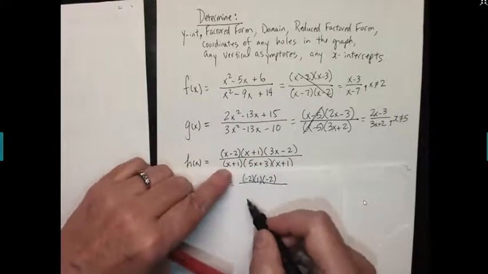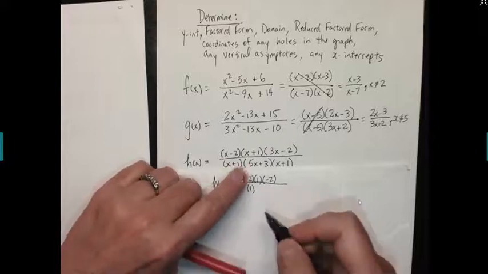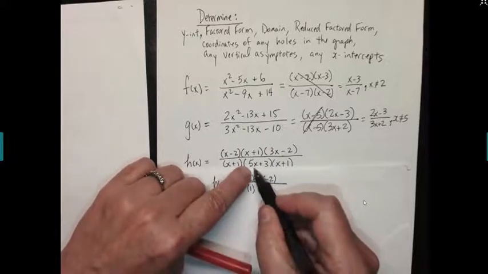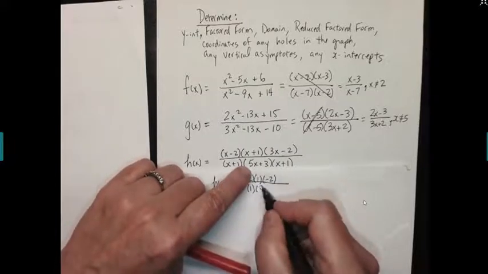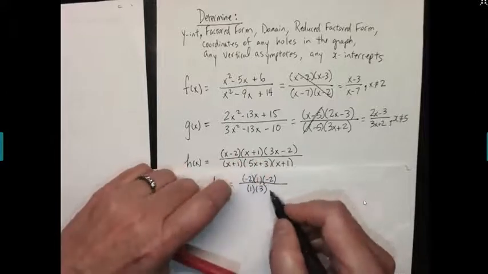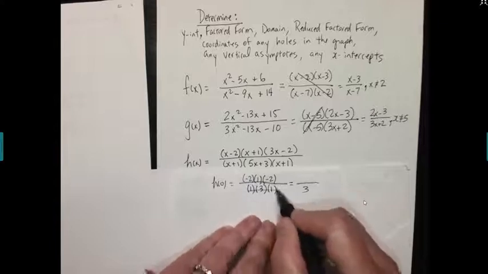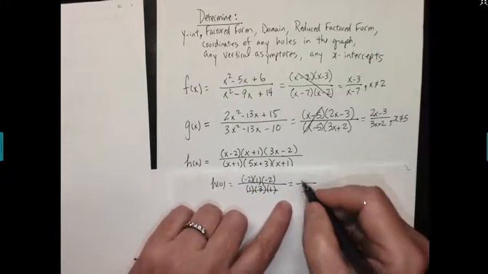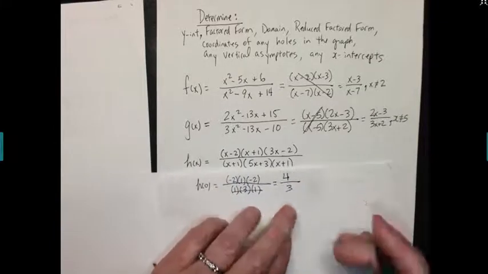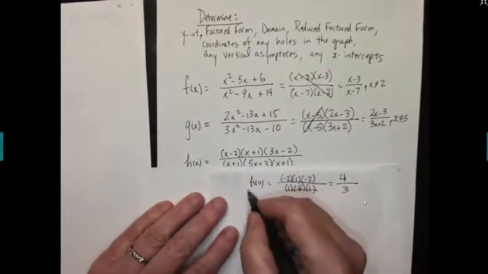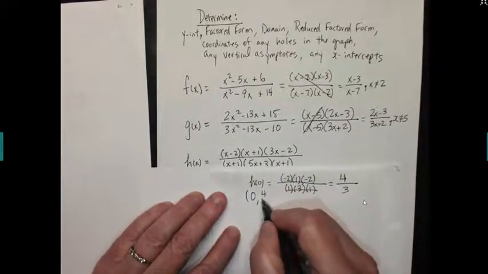And my denominator is going to be 0 plus 1, which is 1, times 5 times 0 plus 3, which is 3, times 0 plus 1. Okay, I'm going to have 3 in the denominator, and positive 4 in the numerator. So my y-intercept is the point 0, 4/3.